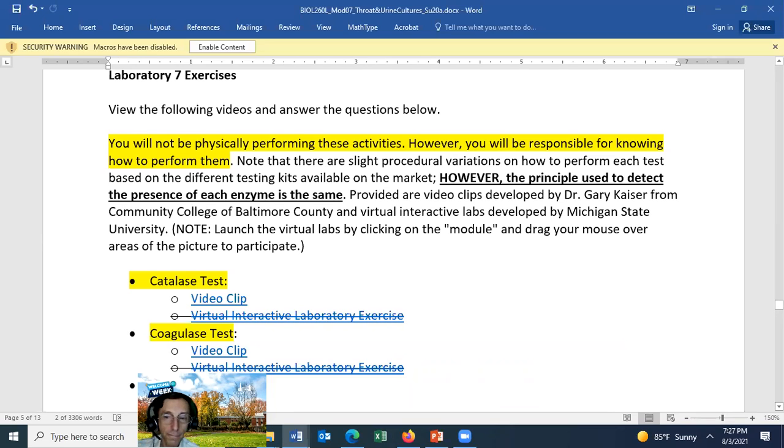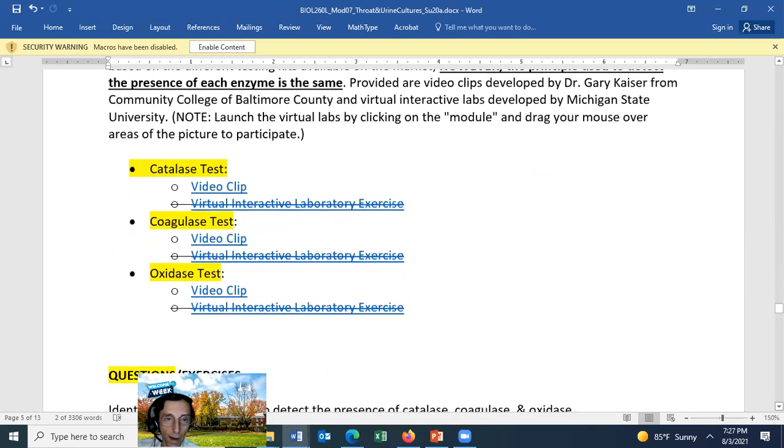We have a video clip on the catalase test. We had a virtual interactive laboratory exercise, but we decided to scratch it because it's difficult to use. It requires the use of Flash, and Adobe has turned off Flash on all computers now.